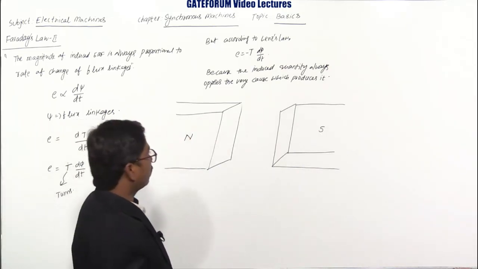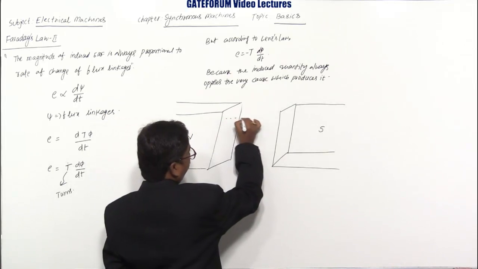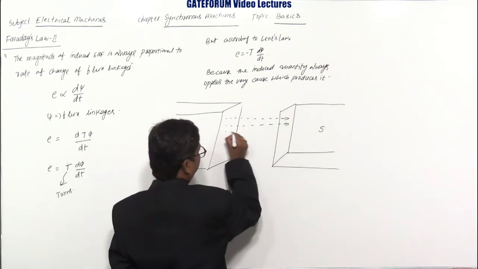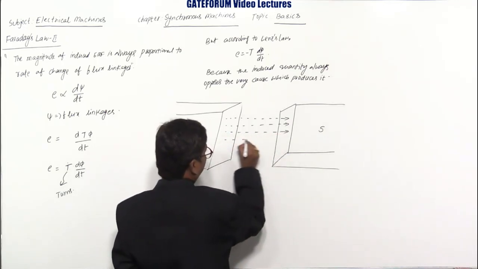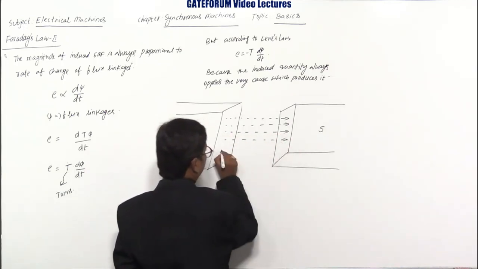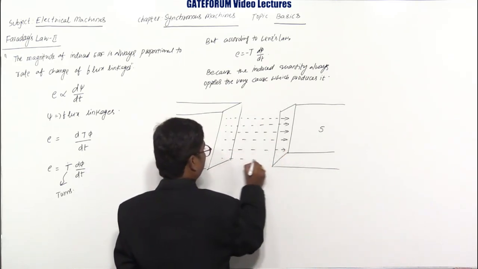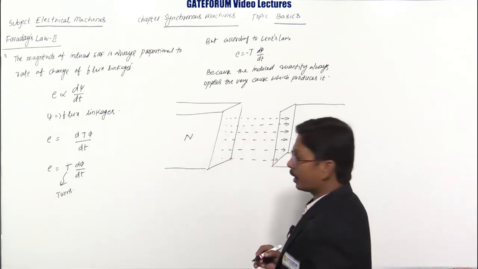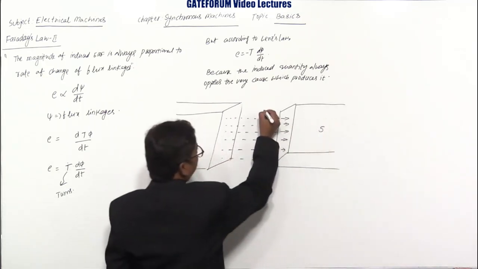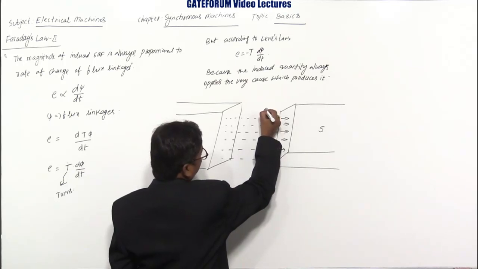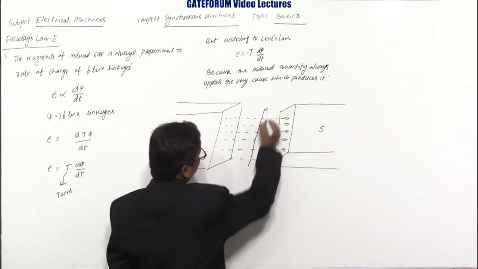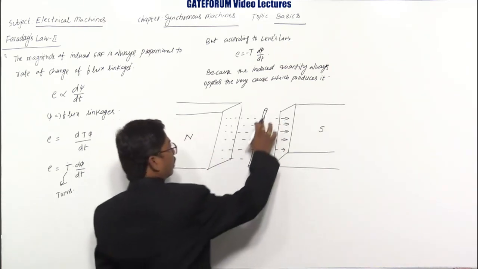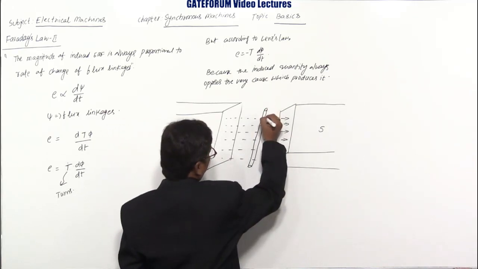Between the north pole and the south pole there will be a flux which always flows from north pole to south pole. And we are placing a conductor, initially stationary, in between these. This is the conductor which is placed in the magnetic field.